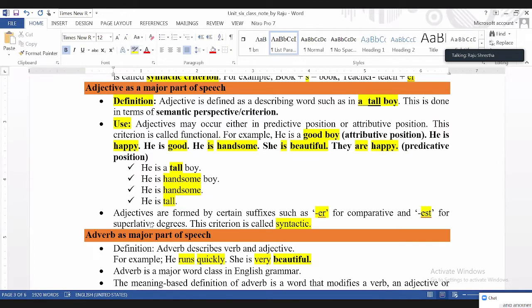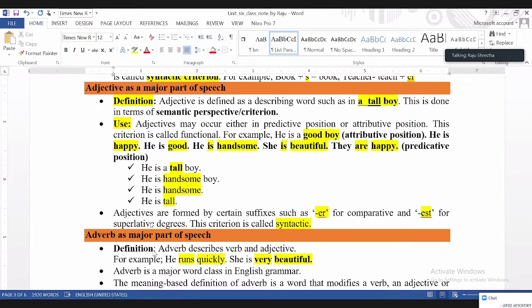Yes, this is the degree adverb. She is very beautiful. Here, this very is what? Intensifier. Here the intensifier indicates the degree, to what extent. So from the definition perspective, what did we say? An adverb describes a verb or adjective in the sentence.